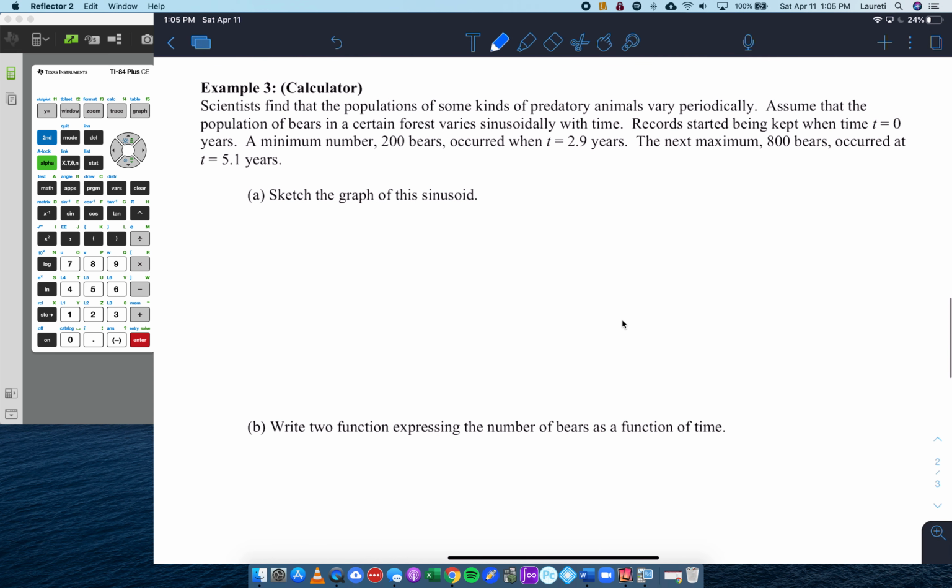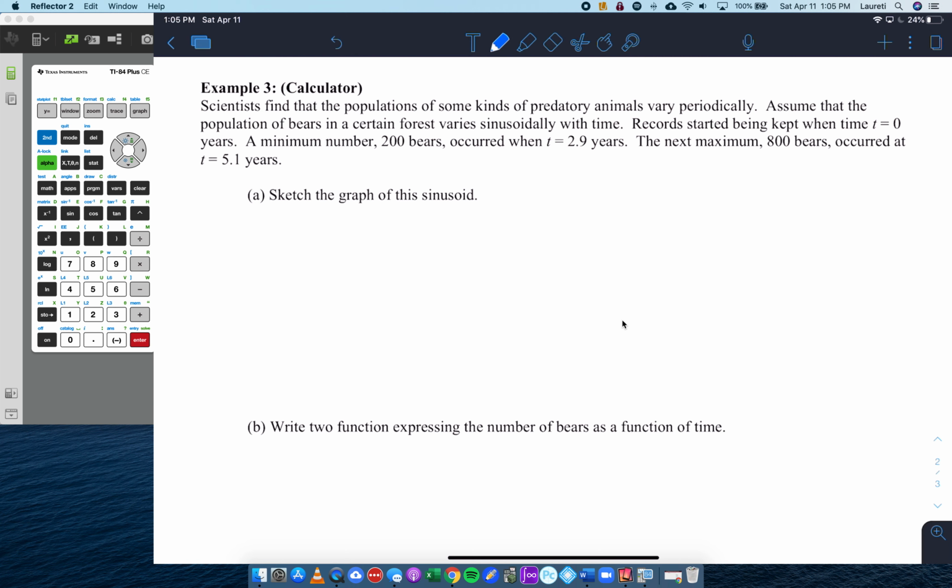Okay, and then the last one, number 3, says that scientists find that populations of some kind of predatory animals vary periodically, assuming that the population of bears in a certain forest varies sinusoidally with time. Records started being kept when t equals 0 years. A minimum number, 200 bears, occurred when t equals 2.9 years.